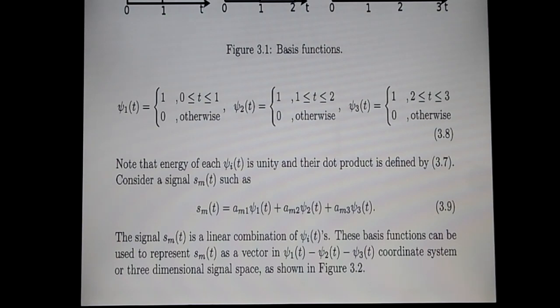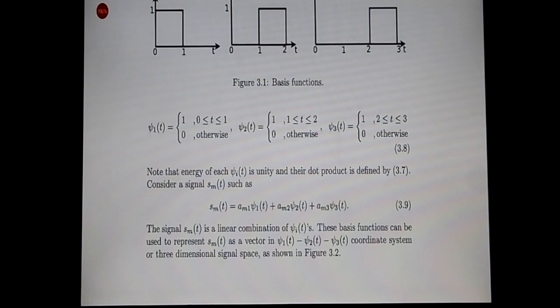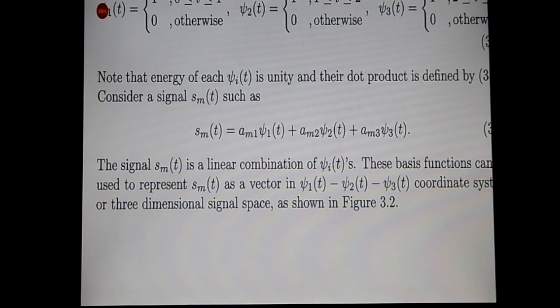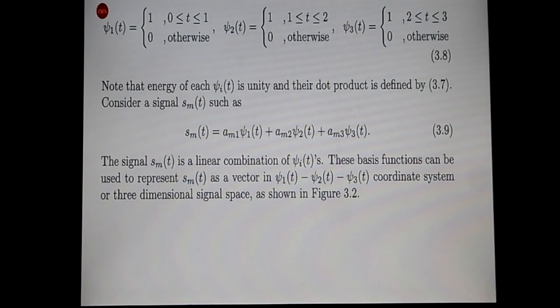Now when you have these three signals, if you see equation 3.9, we can define a signal. These actually represent now the three axes, and any signal Sm of t can be written as a linear combination of these three basis functions, which is shown in equation 3.9.